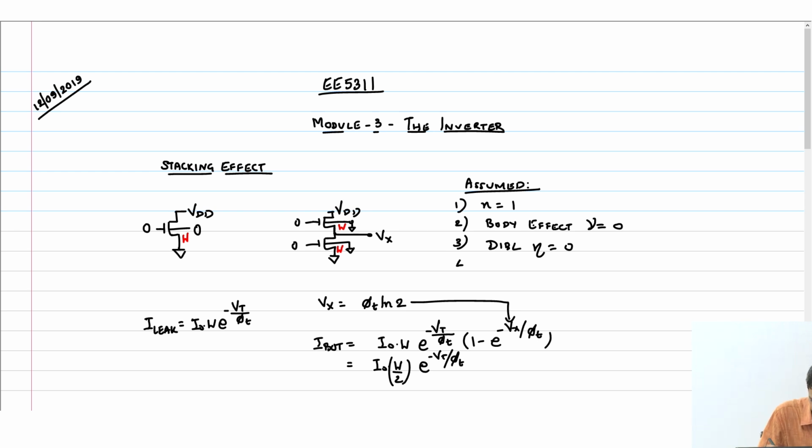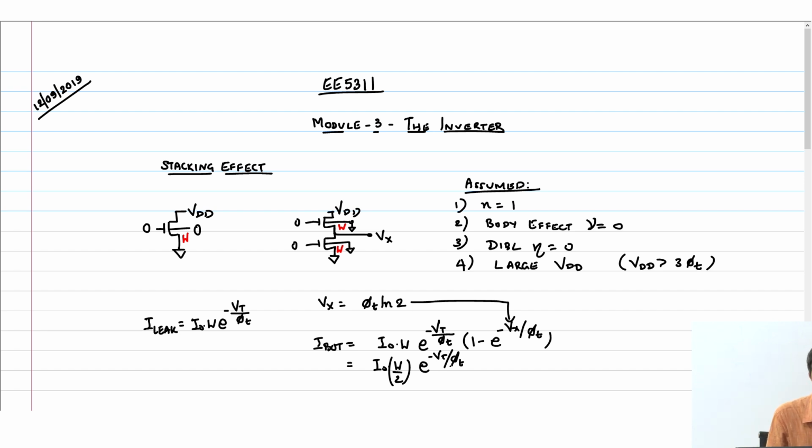So the assumption was also large VDD, and typically if you have to quantify this large, VDD is greater than 3 times phi t. That's when that 1 minus e power becomes 1 minus e power minus 3, and that is negligible, approximately 1.